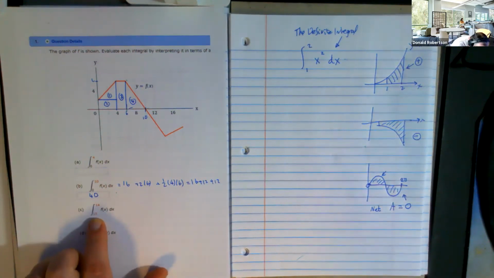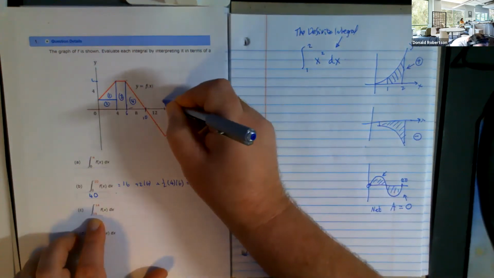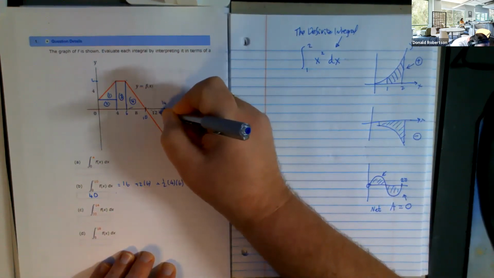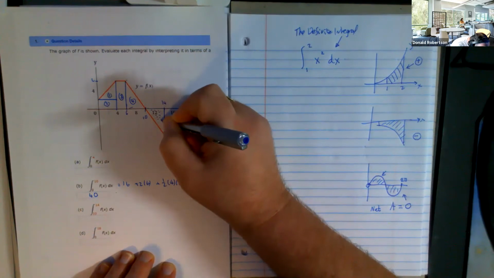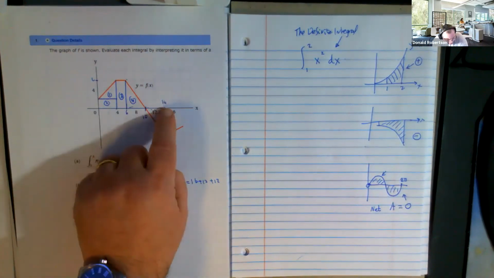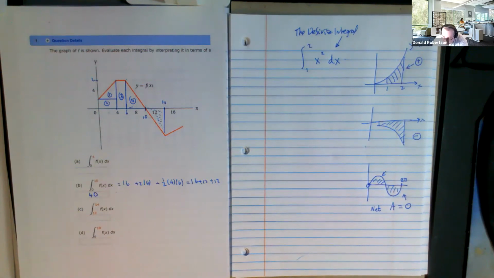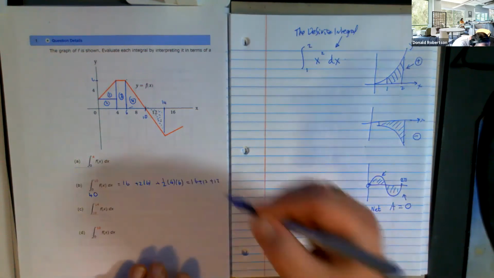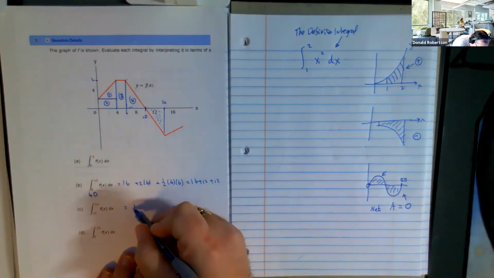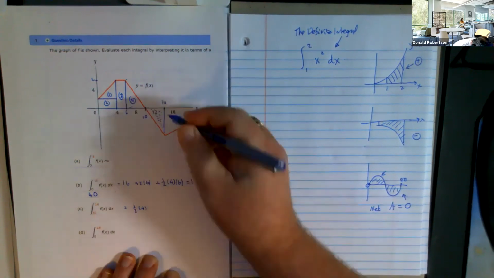The next one says 10 to 14. Now, 10 to 14 is this piece here. Right? Starting at 10 and finishing at 14. Now, the good news is it's one triangle, right? And its base is 4 units, so it's 1/2 of 4.